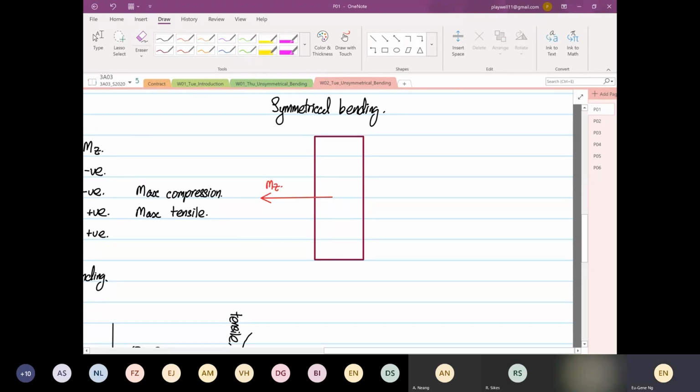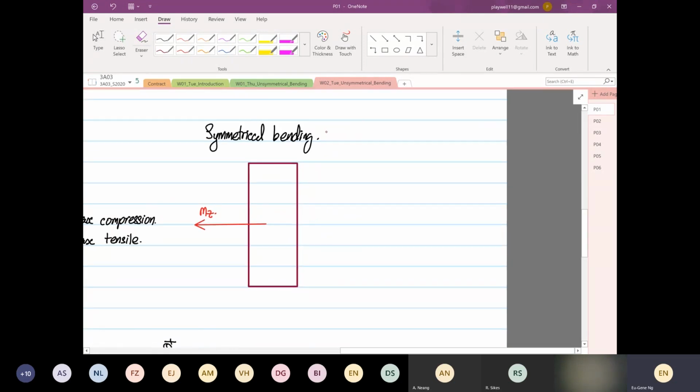You don't have, so in unsymmetrical bending, you only have one acting moment only.